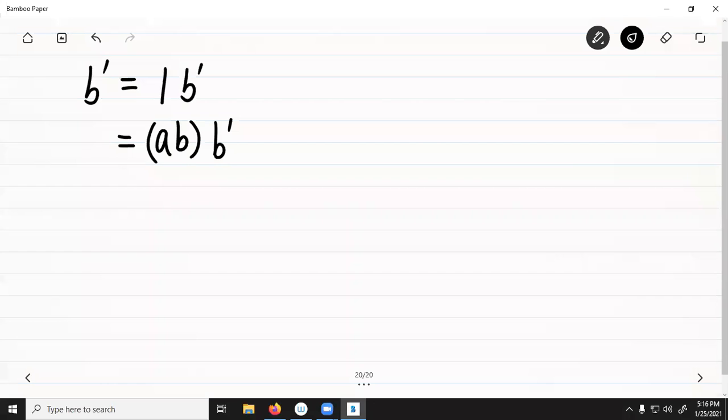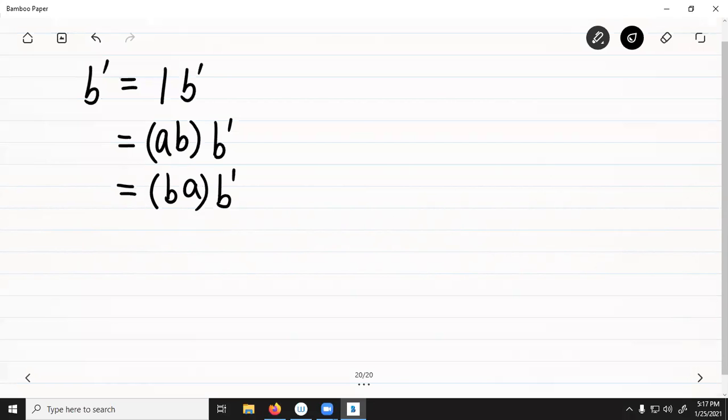In the field axioms, you can go back to check the 4 axioms for the multiplication. So A times B equals 1. This is given because B is the multiplicative inverse of A. So now we can use the commutative law. This is the axiom, which is A times B equals B times A, right?